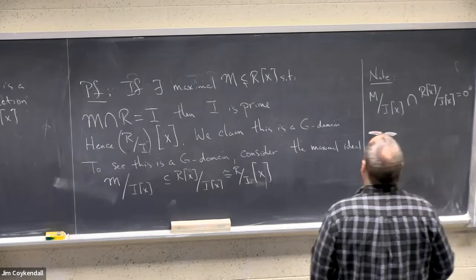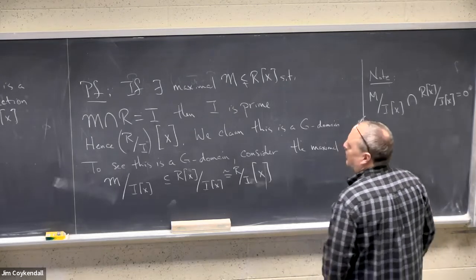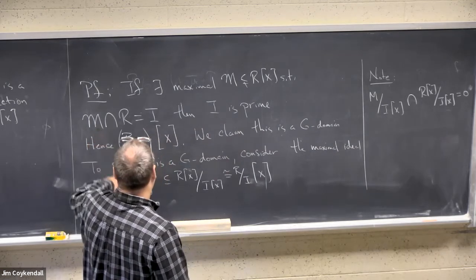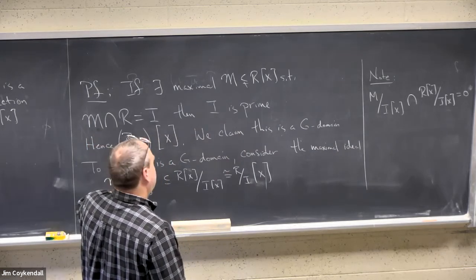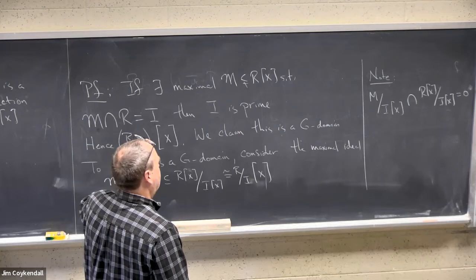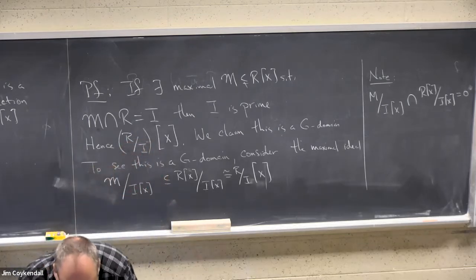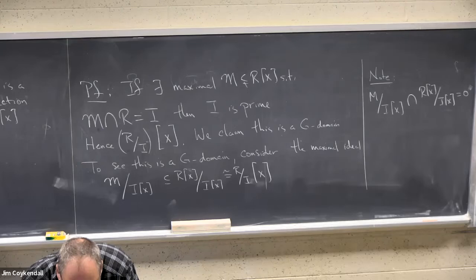Oh, I didn't see that. Yeah, this is part of our, let me see, where are we at here? M intersect R is I, so we've got this thing here. This is a maximal ideal, and you intersect that with R. See, and what am I referring to here? Yes, you're absolutely right. So this refers back to theorem 4.3.7.